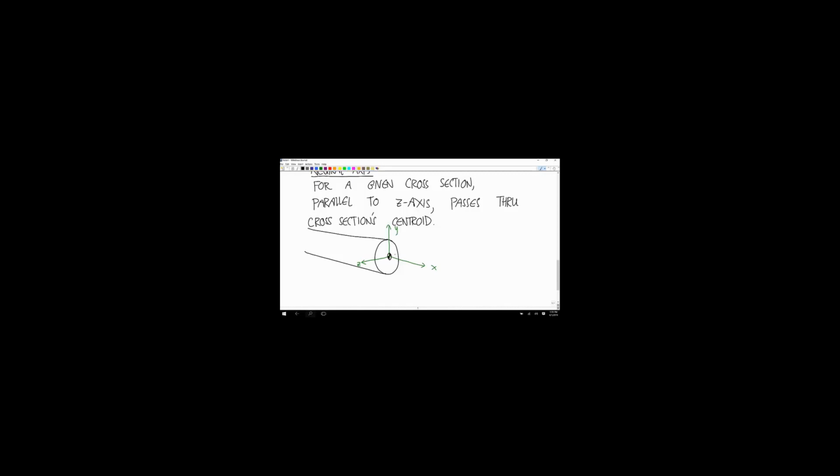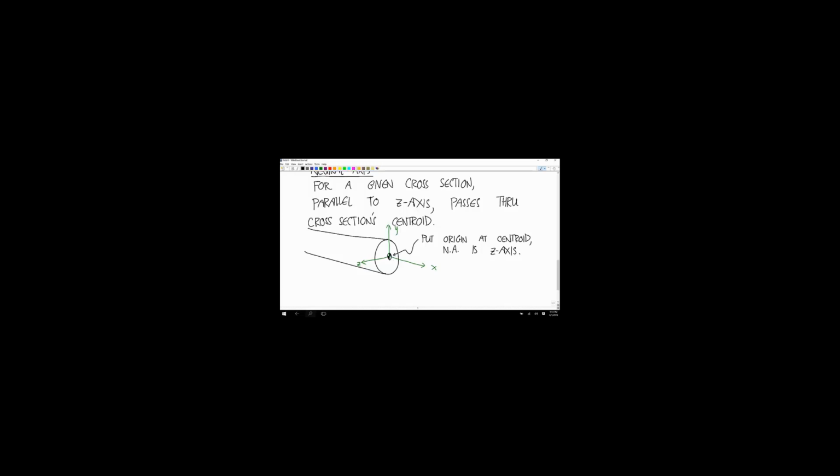Just put the origin at the centroid of the cross section. And then the neutral axis is just the z-axis. And remember, that's for a single cross section.